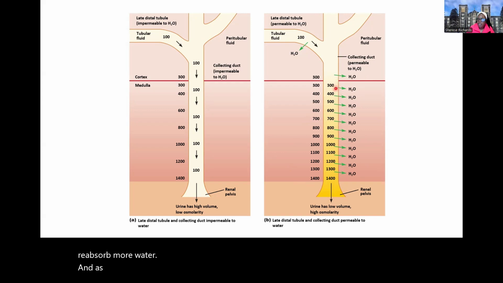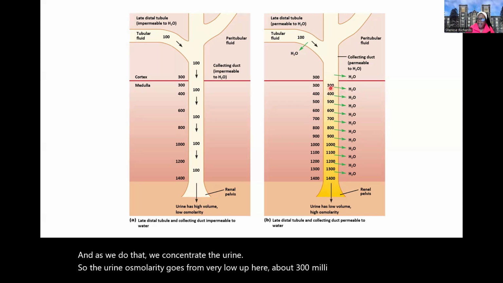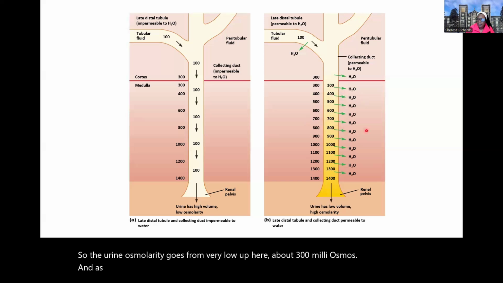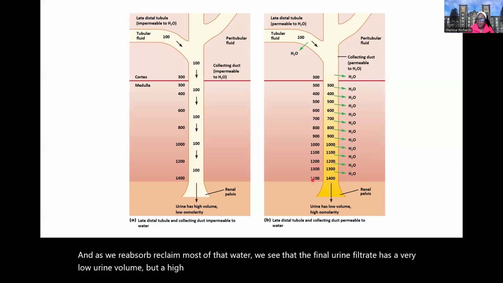So the urine osmolarity goes from very low up here at about 300 milliosmoles, and as we reabsorb, reclaim most of that water, we see that the final urine filtrate has a very low urine volume, but a high urine osmolarity at about 1400 milliosmoles.